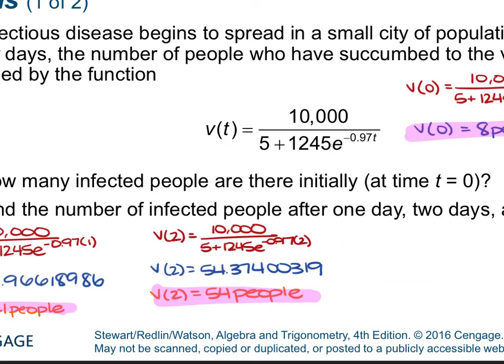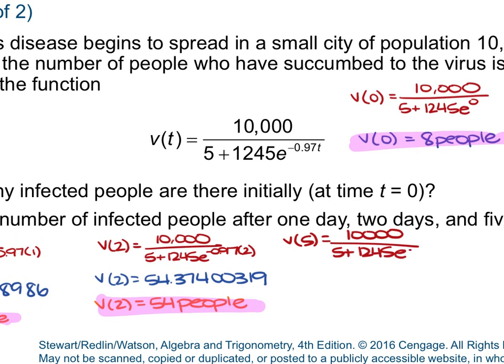Next, we'll find how many are infected after 5 days. So we're going to have V of 5 is equal to 10,000 divided by 5 plus 1245 times e to the power of negative 0.97 times 5.